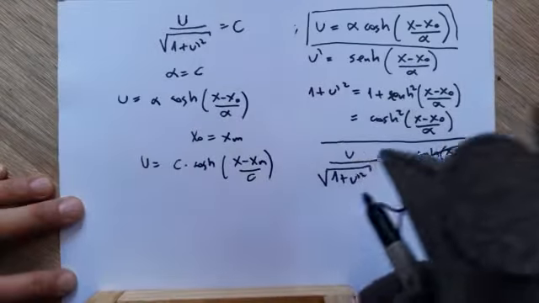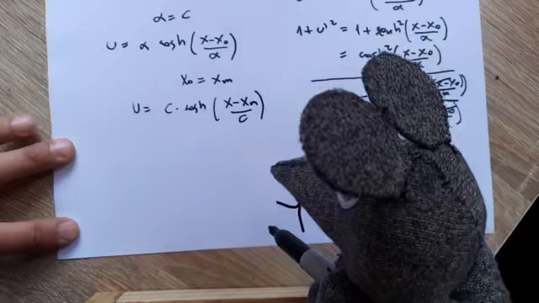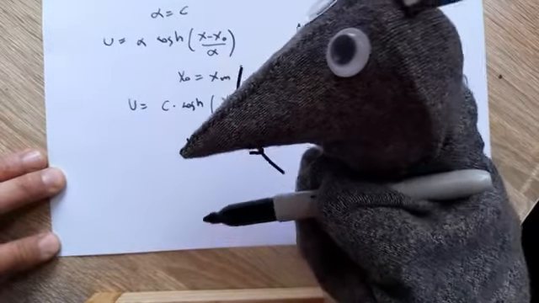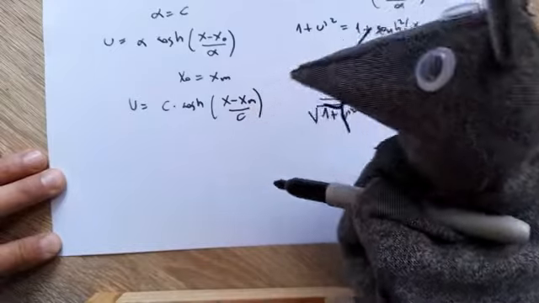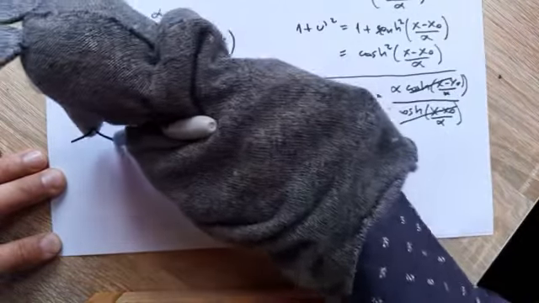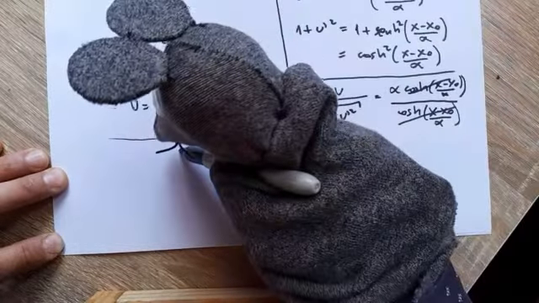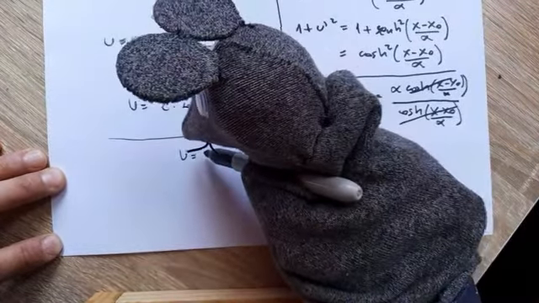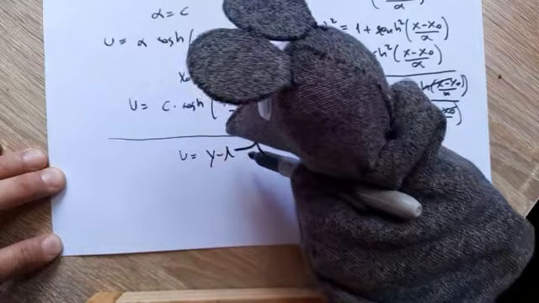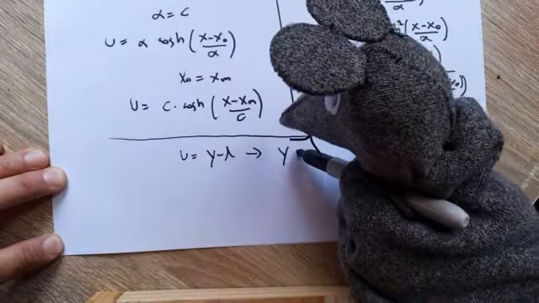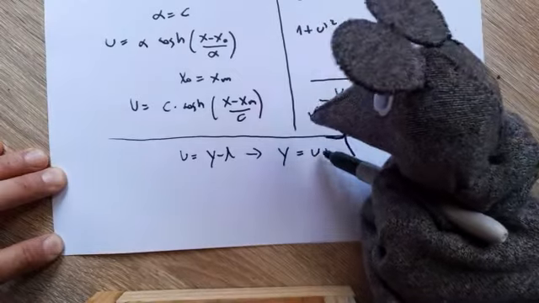Then we will remember our variable u equals y minus lambda. So y, that is our original coordinate, equals u plus lambda.